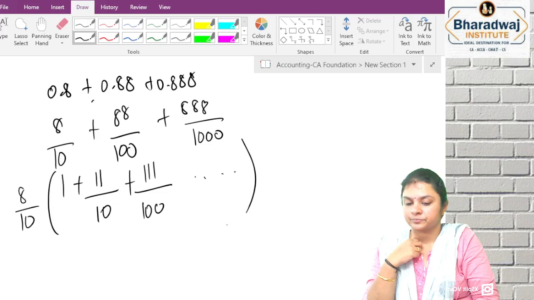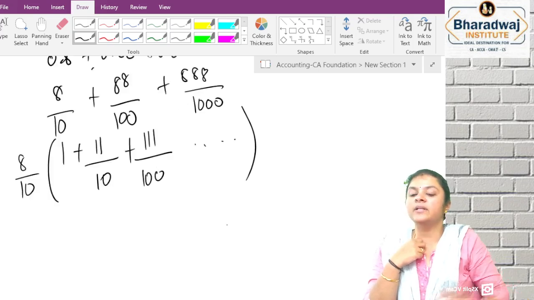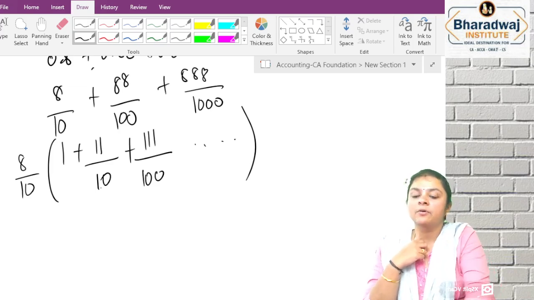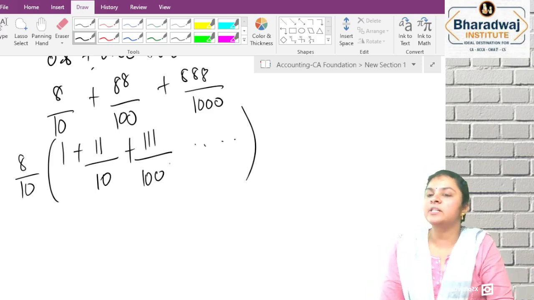Correct? Now, how do you convert this into GP? The denominator is in a GP, 10, 100, it is going in multiples of 10.